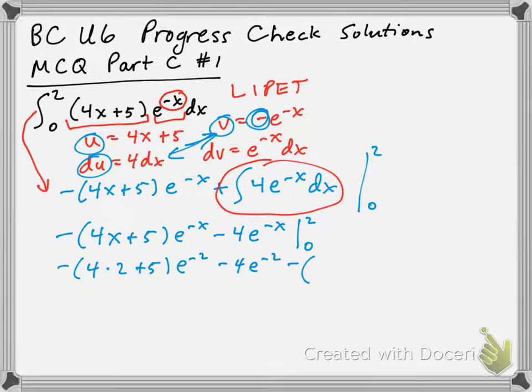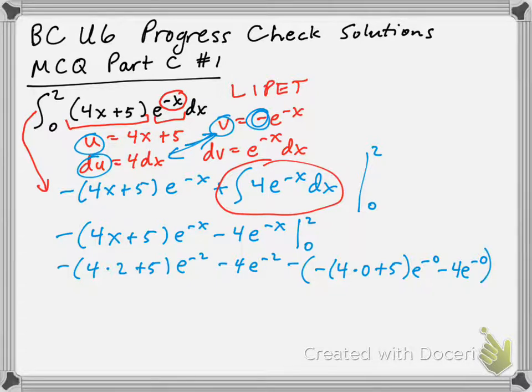Now I'm going to replace x with 0, the lower limit of integration, and subtract that: minus negative (4 times 0 plus 5) times e to the negative 0, minus 4 times e to the negative 0. All of that is what we subtract.